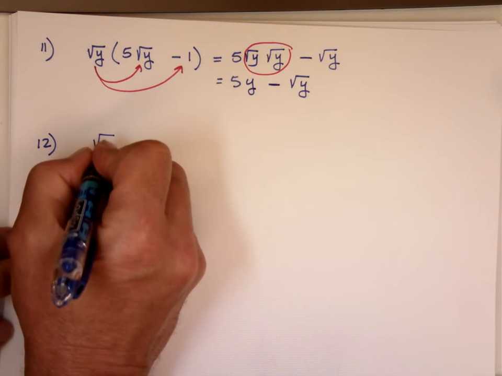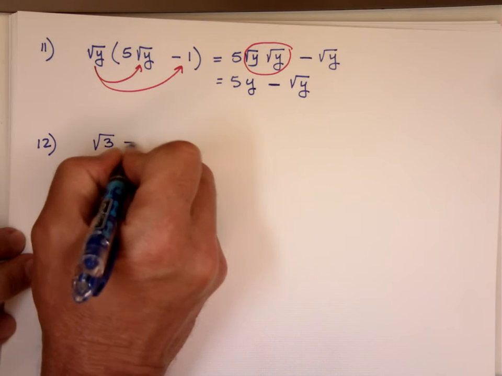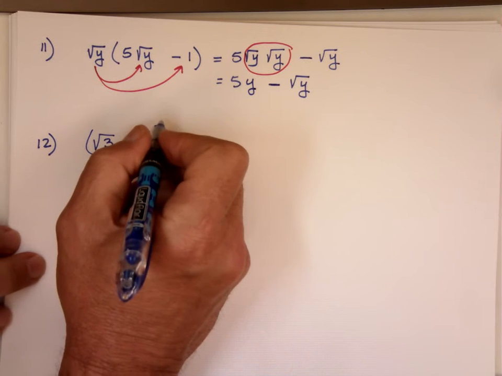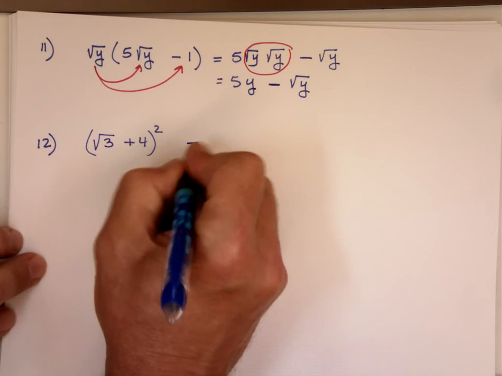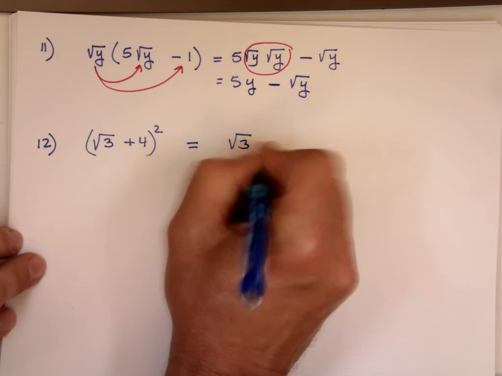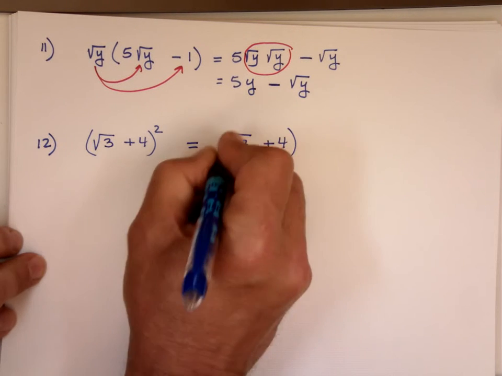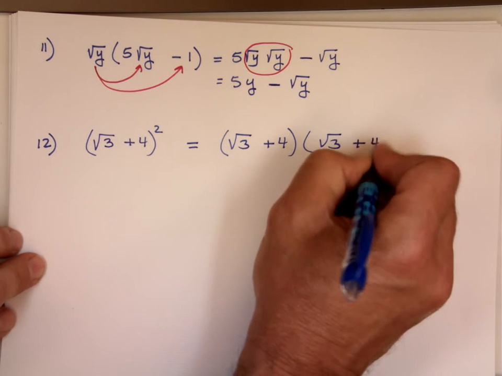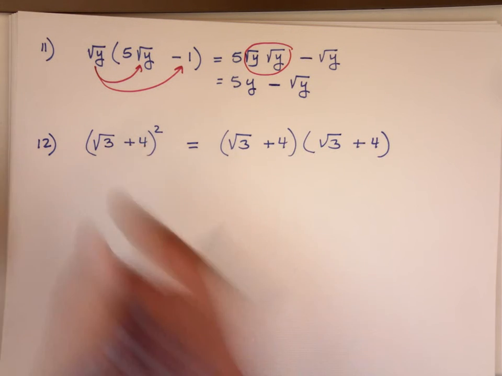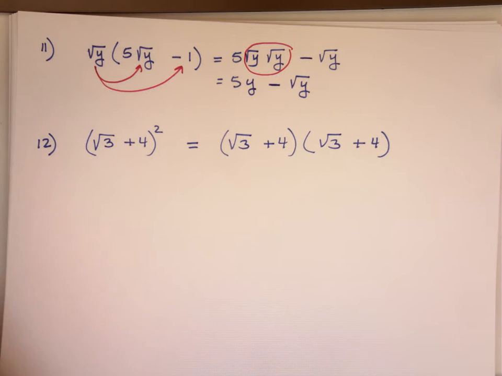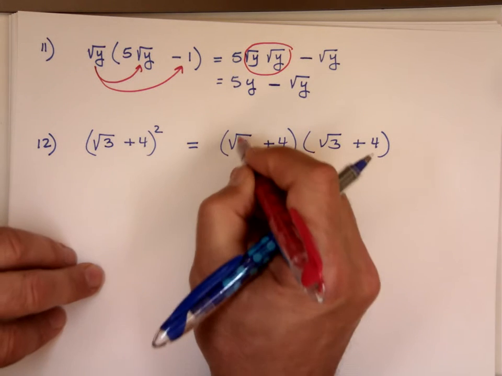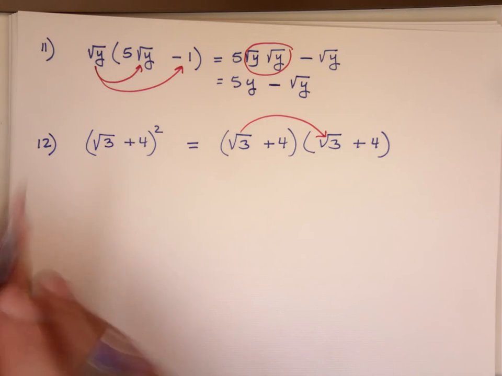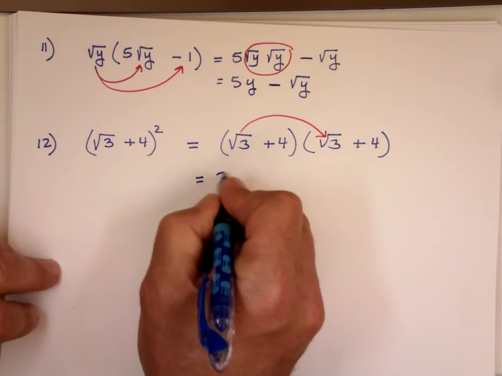The square root of 3 plus 4, squared. Again, that means the square root of 3 plus 4 times the square root of 3 plus 4. Don't just square this and square that. It doesn't work. And we have to use the FOIL method. What is the square root of 3 times the square root of 3 when you multiply them? You're multiplying a square root by itself, that's just a 3.